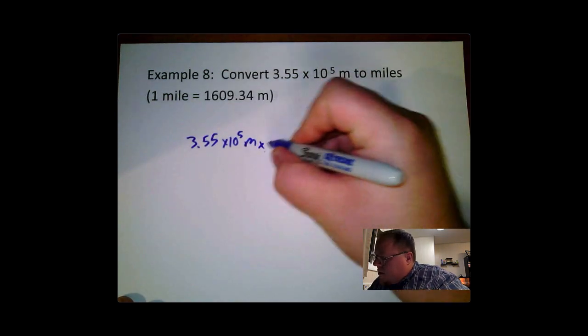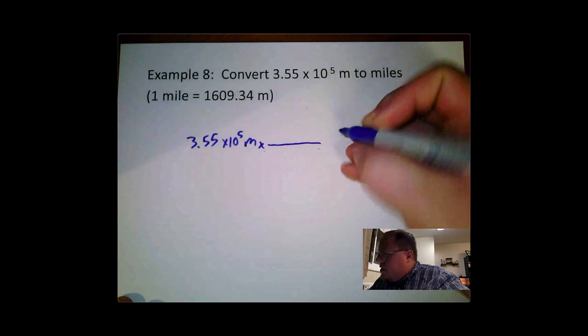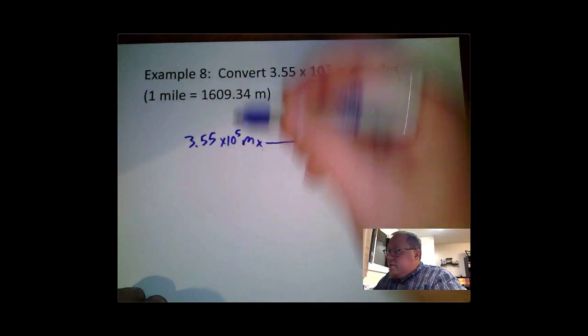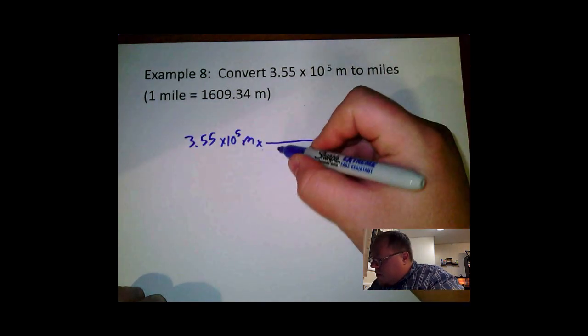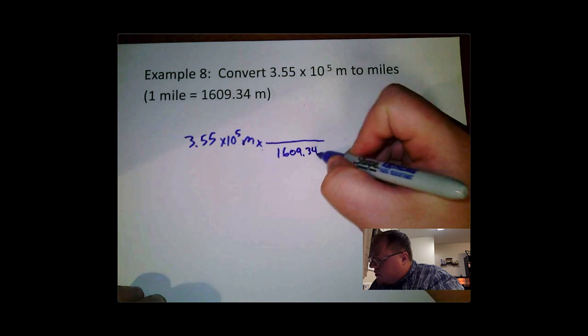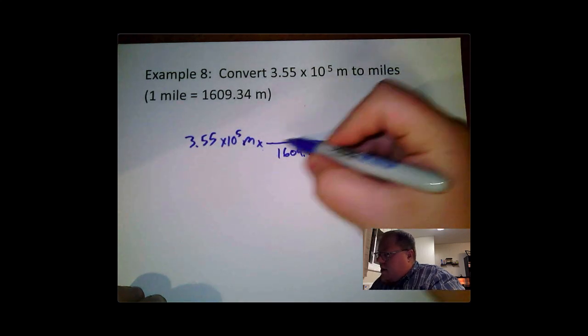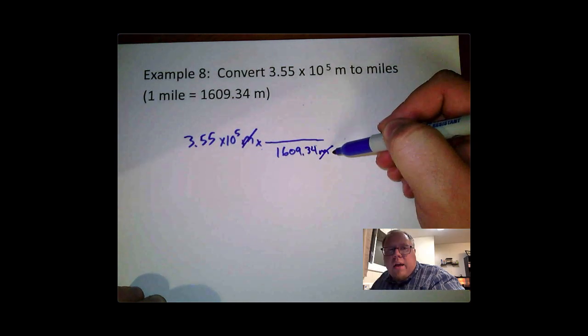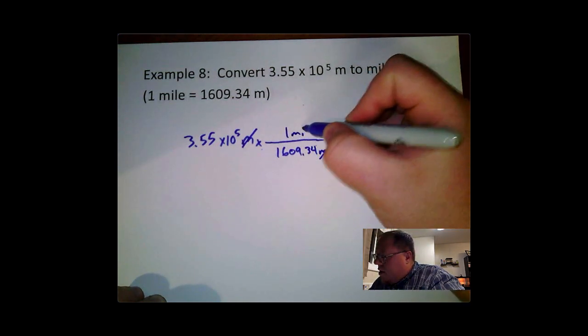So I'm going to times it by a factor composed of these two numbers. Since I have meters, I'm going to put the 1,609.34 meters on bottom. That means that I'll have meters eventually divided by meters, so that unit will cancel. And then the 1 mile on top.